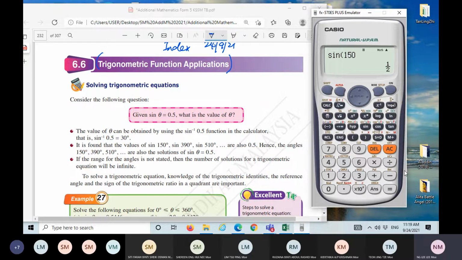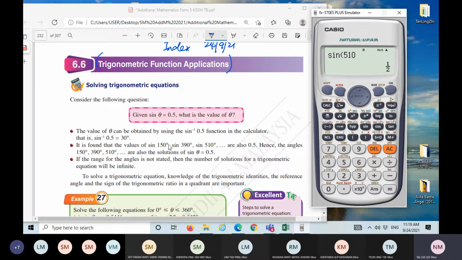Is it 0.5? Yes. How about sine 390? Yes, you see, all 0.5. How about sine 510? Also 0.5. So the angles 150, 390, 510 are also solutions of this.